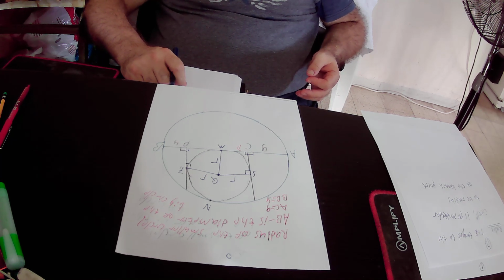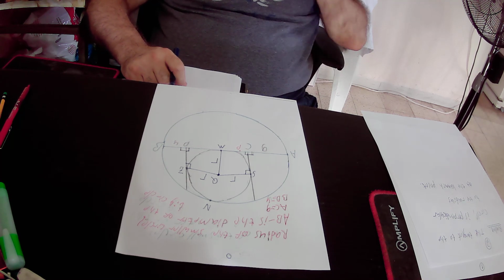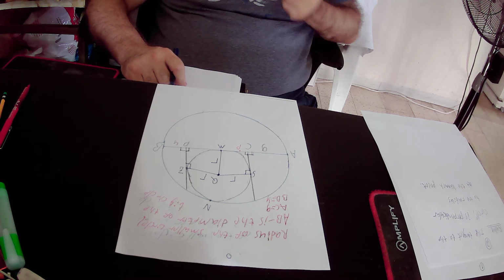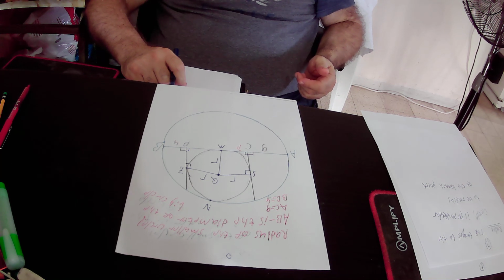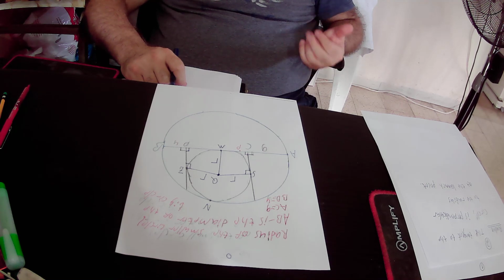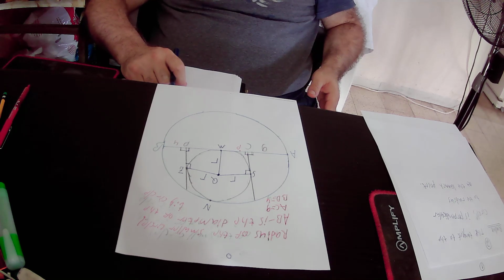Okay, so when rule number 1 states that the tangent to the circle is perpendicular to the radius at the launch point, it can also be said that the radius is perpendicular to the tangent.